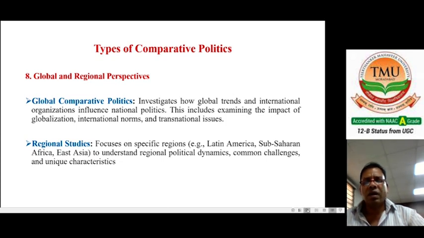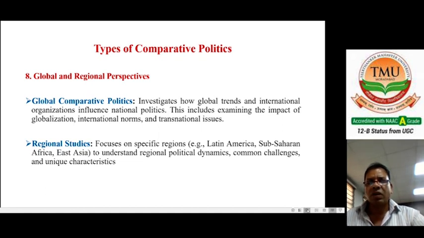Then we come to the regional study. It focuses on specific regions like Latin America, Sub-Saharan Africa, and East Asia to understand regional political and economic dynamics, common challenges, and unique characteristics.